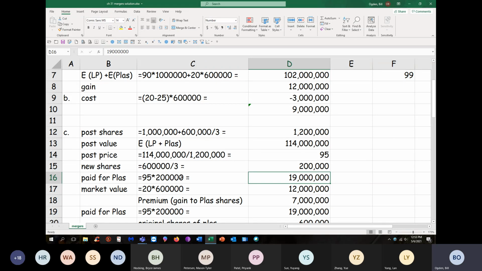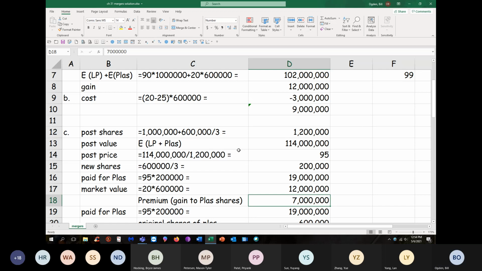I guess in the example, I would have labeled this, what did they receive and what did they give up? They gave up 600,000 of their shares that had a market value of 20, so they gave up 12 million. So in this case, they are 7 million ahead, and that's how much of a premium LP is paying for PLAS.